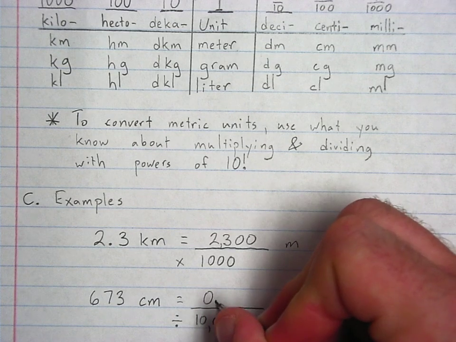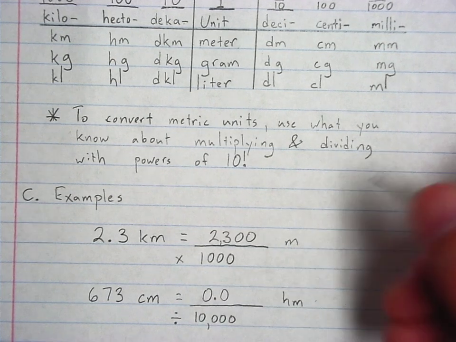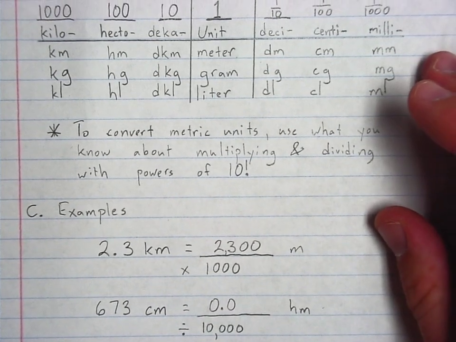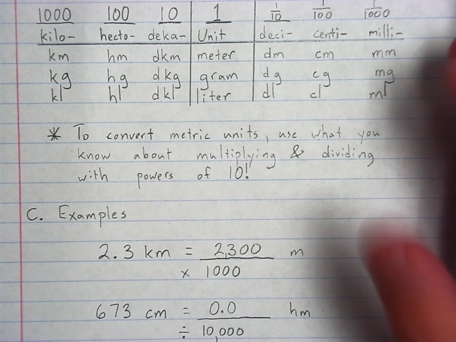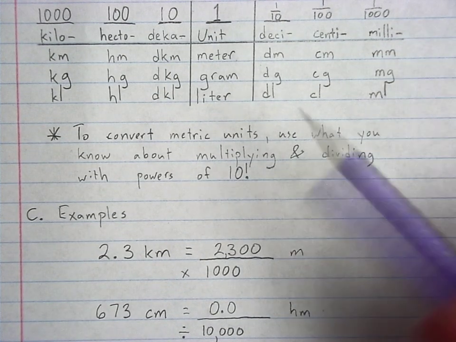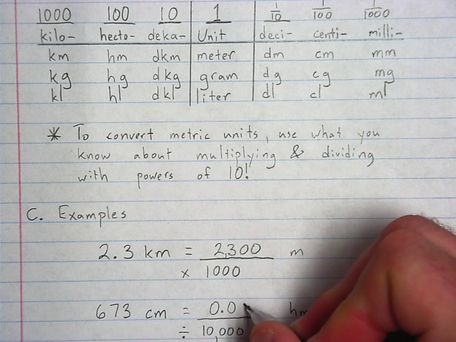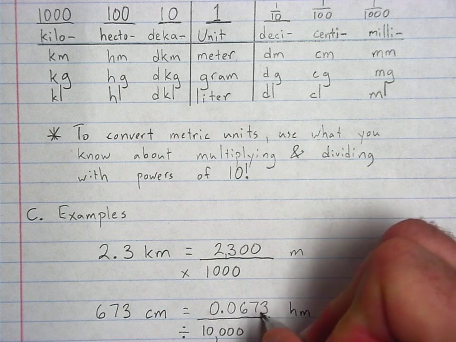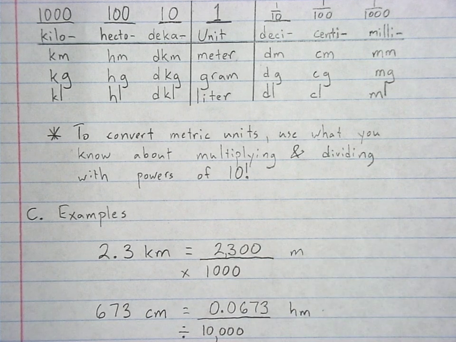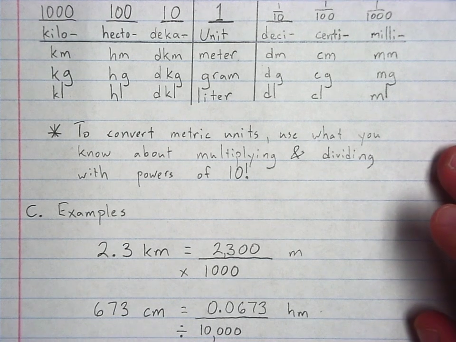If you work that out on a place value chart, you should end up with 673 ten-thousandths of a hectometer. Now that's pretty small, and it goes out to the 4th decimal place. You're not going to see too many like that in class.